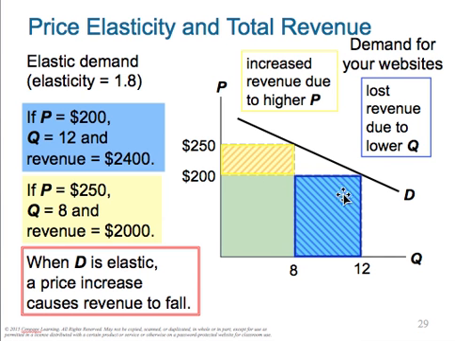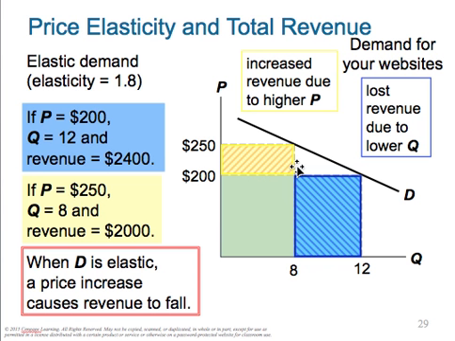Okay, that was your revenue, this overall space, this green and blue area here. So what you did now is you raised your price to 250 with this demand curve, and your quantity went down to 8. So you lost 4 websites a month. So 250 times 8 is this green and yellow box here.